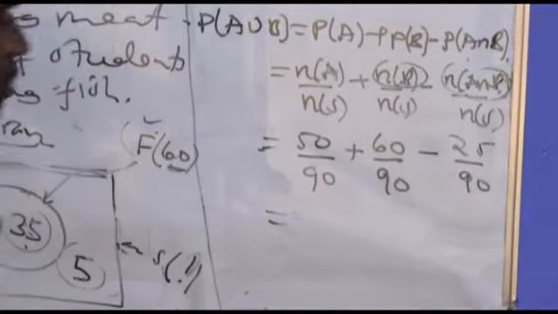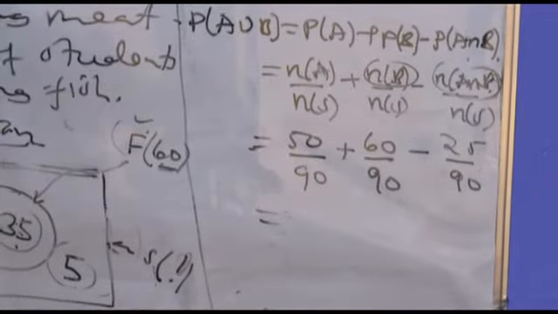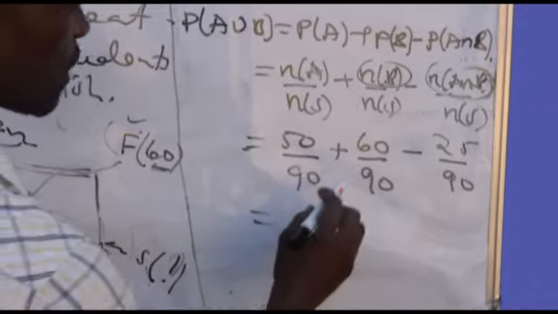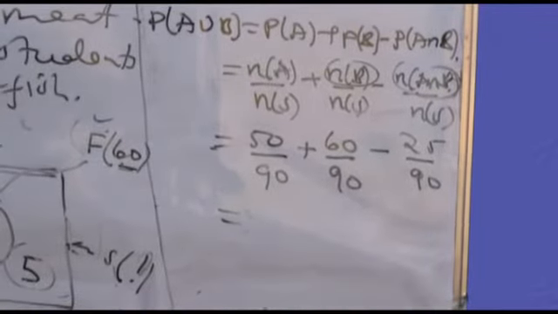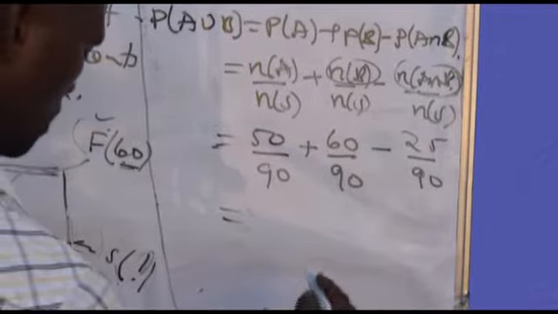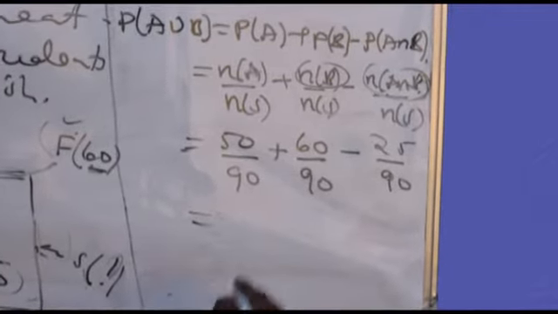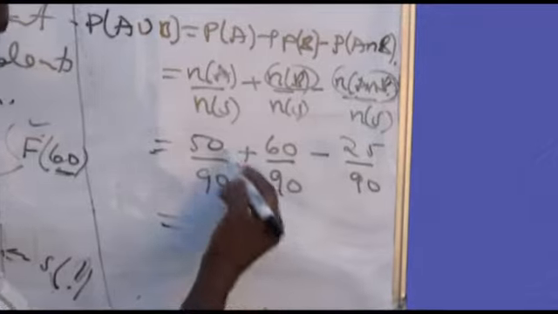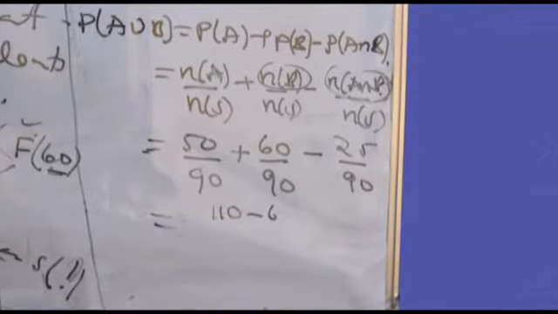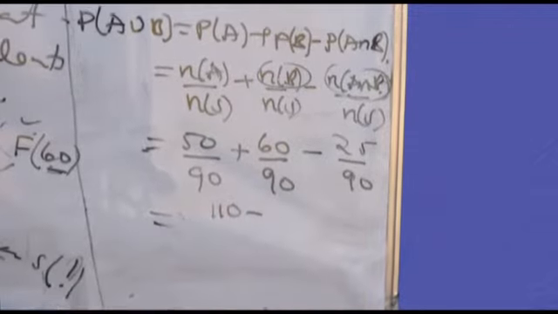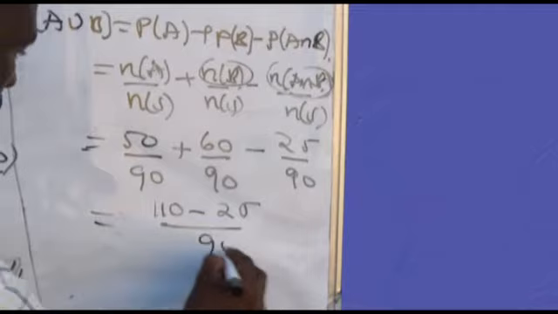Solving this fraction, it will be 50 plus 60, which is 110. Then subtract 25, and from there you'll have 85 divided by 90.